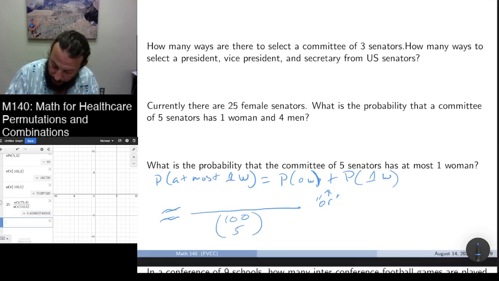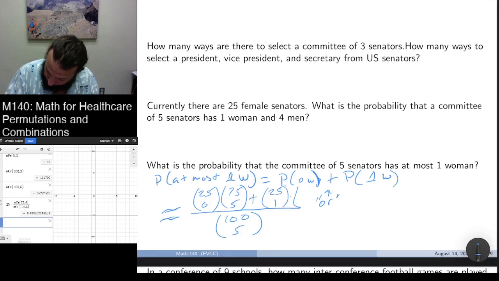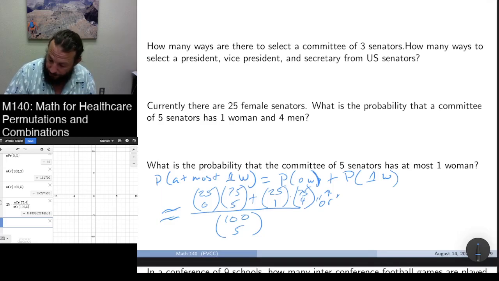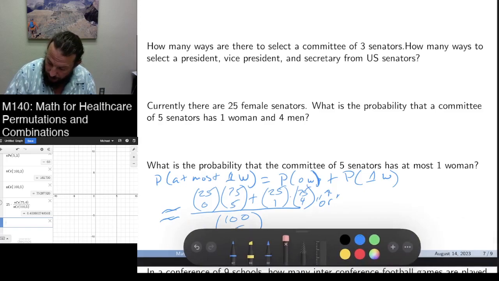And on the top, we got 0 women. It's going to be 25 choose 0 times 75 choose 5. And then 1 woman is going to be 25 choose 1 times 75 choose 4. Now remember that numerator is the number of ways. The denominator is the size of your sample space. Again, it's a number.